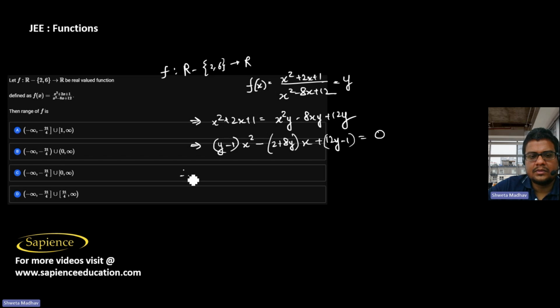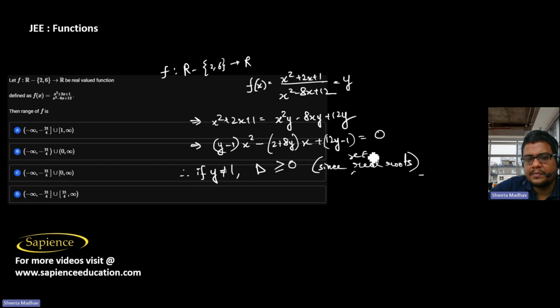So now therefore, if y is not equal to 1, then it should have real and unequal roots. If y not equal to 1, then the value of the discriminant should be greater than or equal to 0, since it should have real roots.